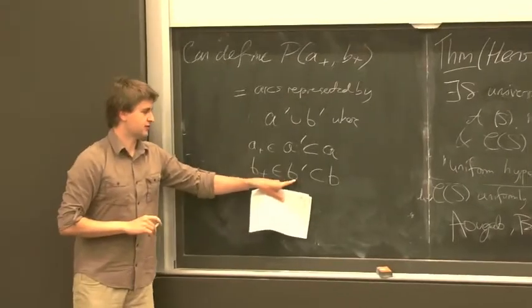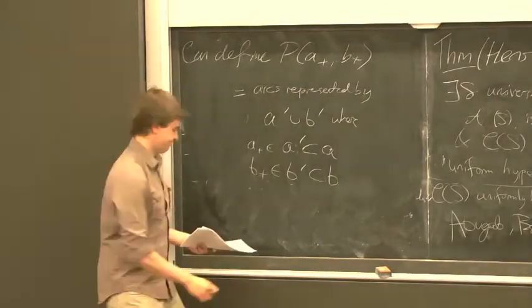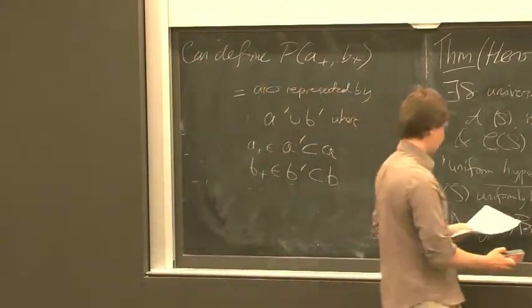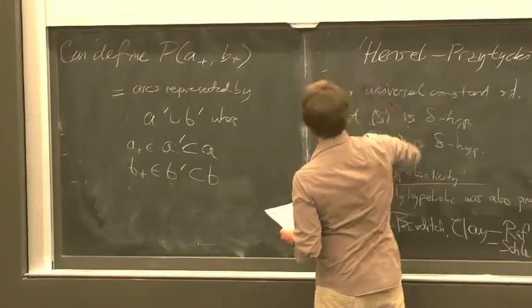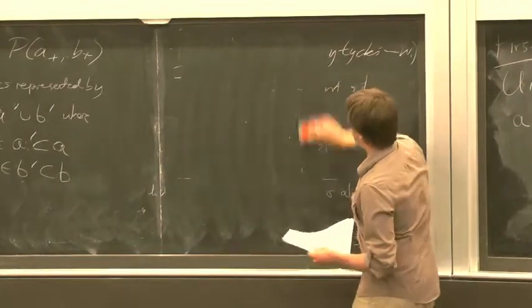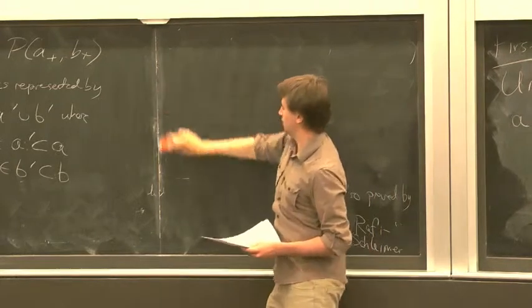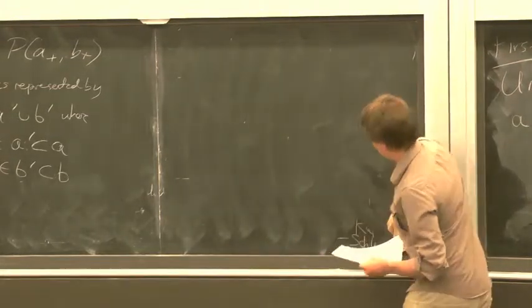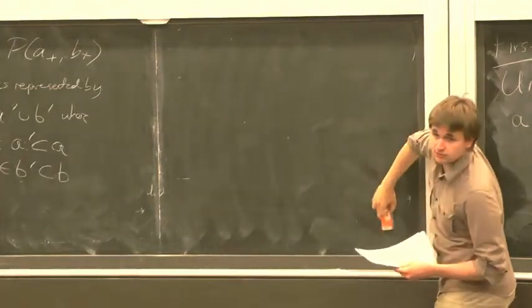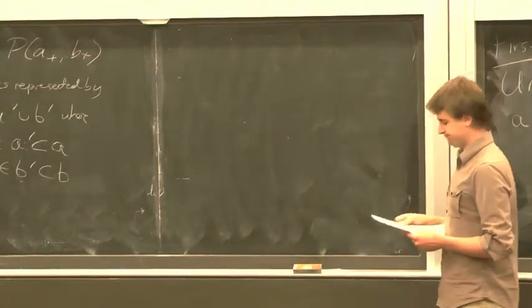So you want subarcs of B which contain the endpoint B plus, the preferred endpoint. I think these first appeared in Hatcher's work. He proved that the arc complex is contractible using this surgery argument.